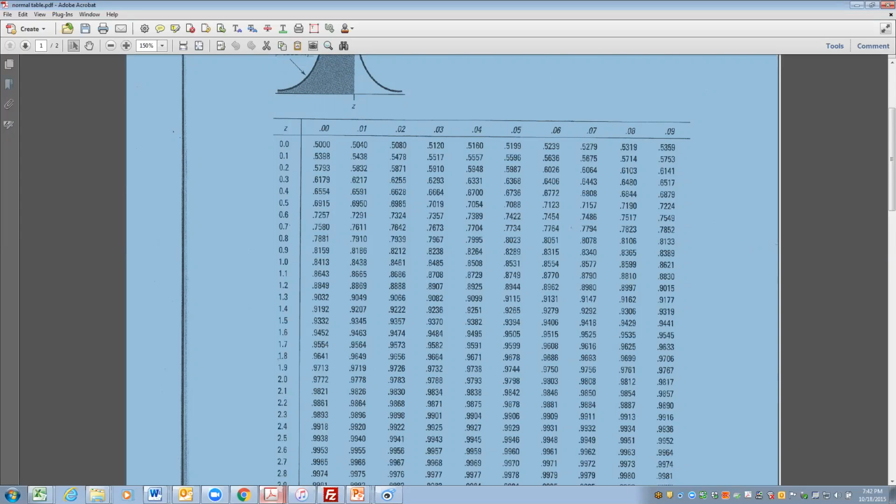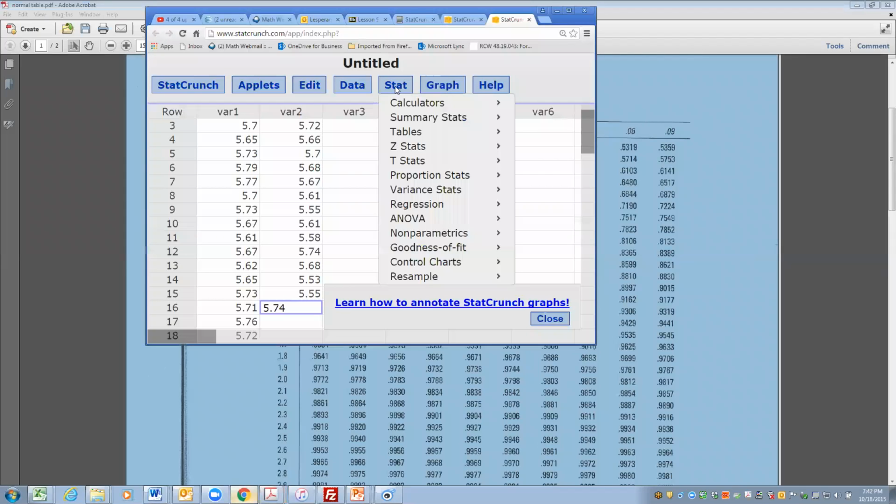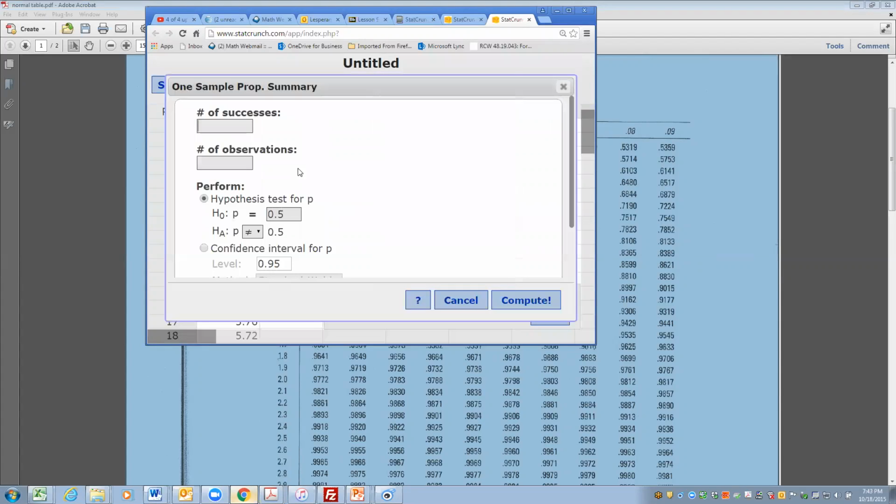So that concludes examples for hypothesis testing for proportions, at least the hand calculations of it. If I want to test a hypothesis in StatCrunch for a proportion, I can go to Stat, Proportion Stats, One Sample, With Summary.